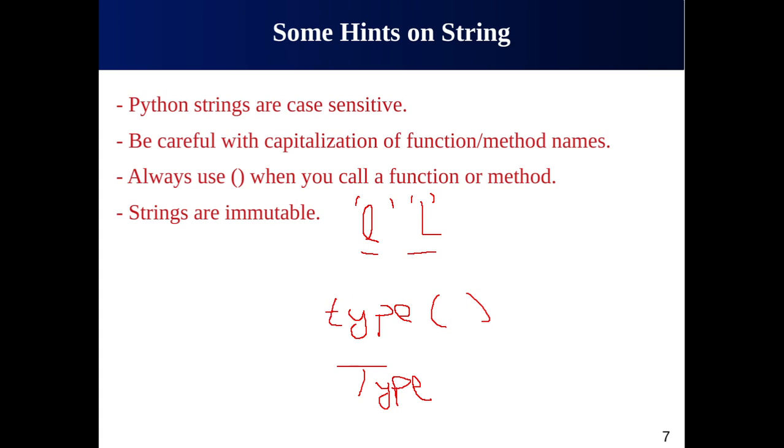Be careful with the capitalization of function names. Similarly, there is another function which we will see in a moment, and that function is a built-in function. The name is upper. And we also have another function which is like this, where the U is capital here. Now both these functions are different. So if you use the wrong case, Python will not be able to find the required function or method and will generate maybe an error message.